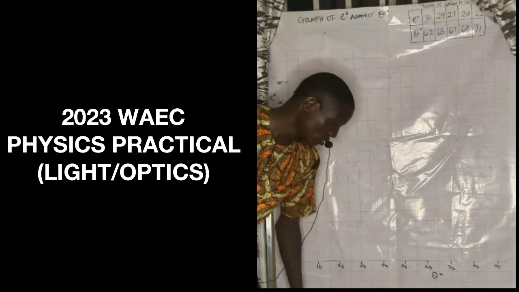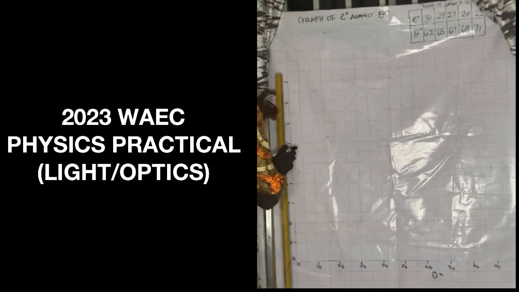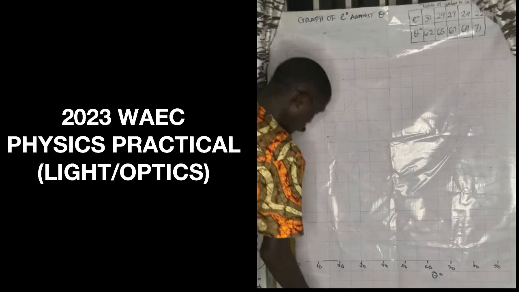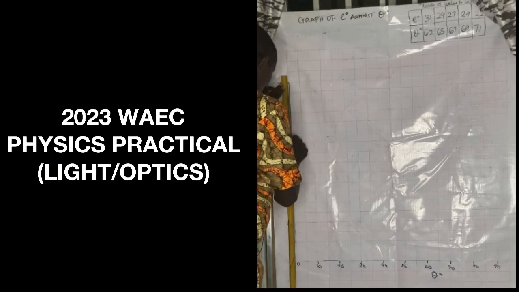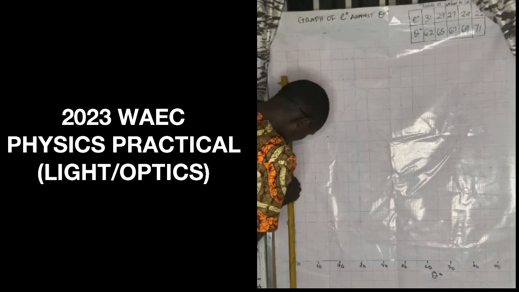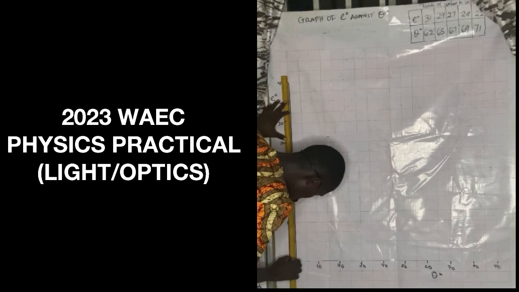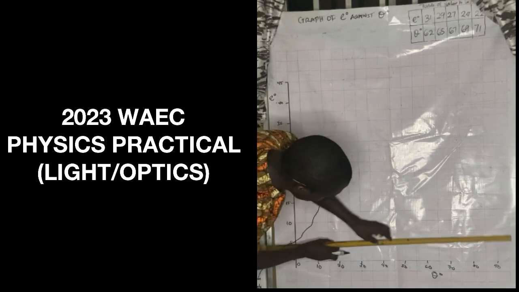So this is my ruler here. Good. Now let's actually draw this.